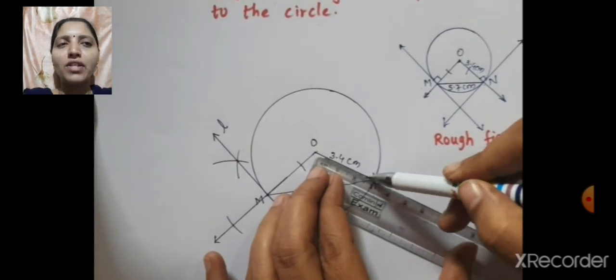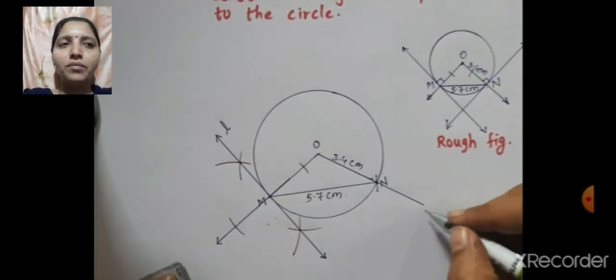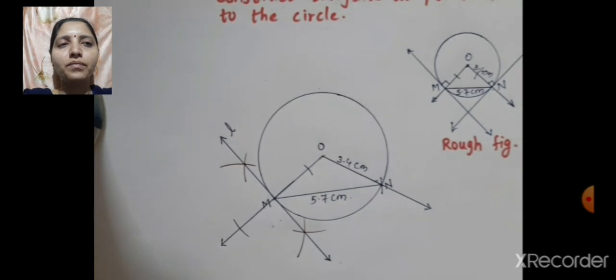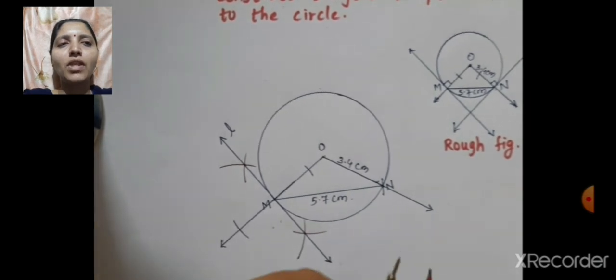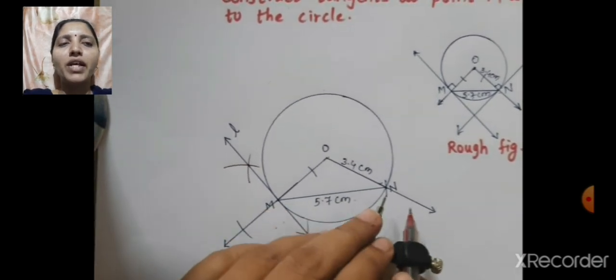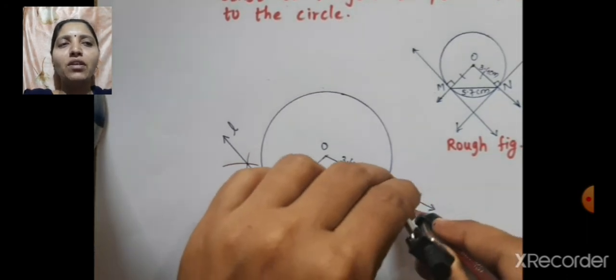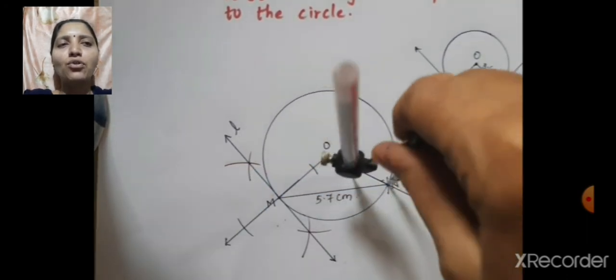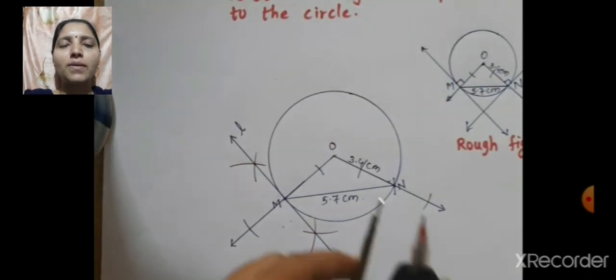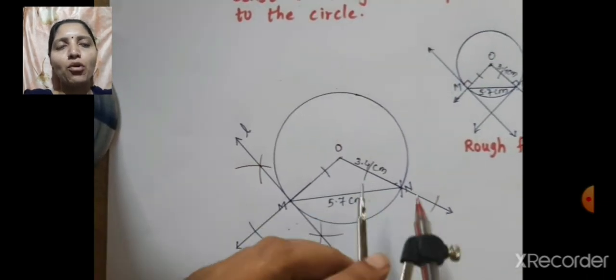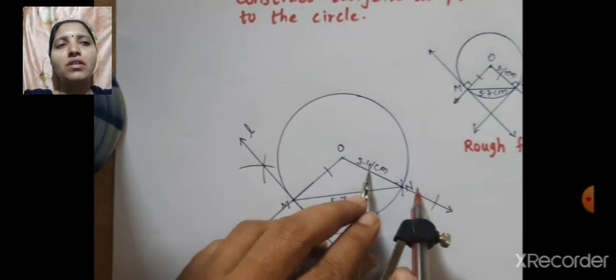Now you have to extend radius ON. In the compass you will take an approximate distance. Put the pointer on point N. On both sides of N you are going to draw arcs, with more than half the distance.